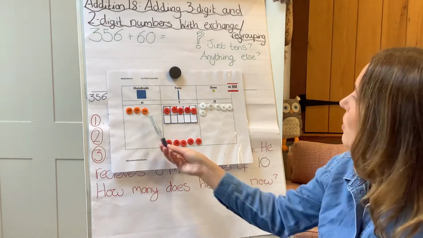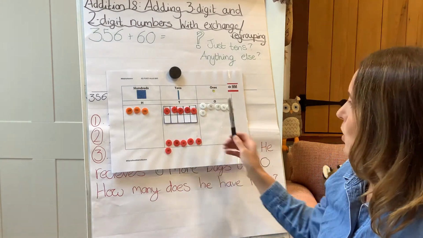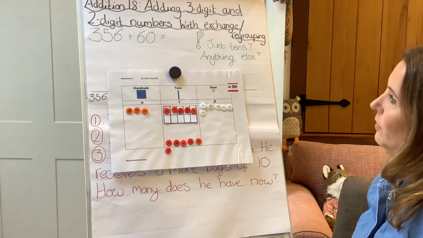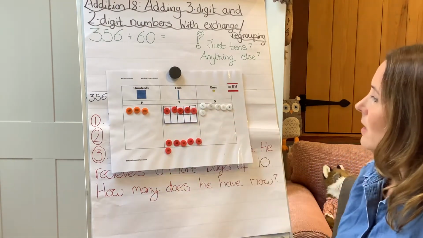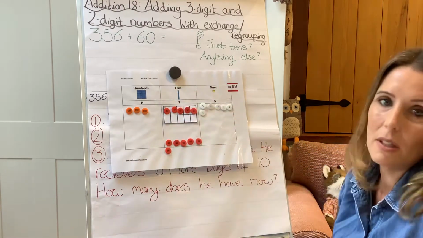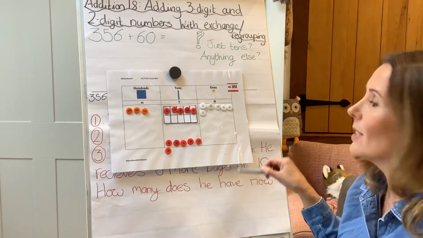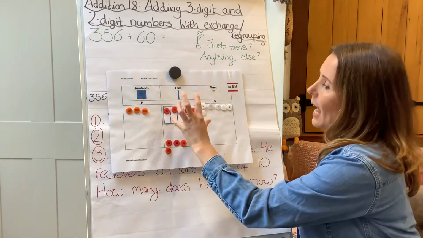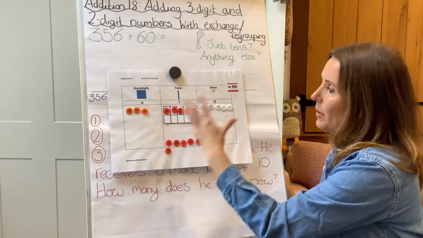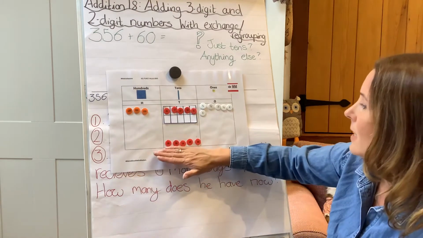So we've got 356, so I've partitioned the numbers into their relevant place value, and I'm adding on 60, so I'm adding on 6 tens. And we can see here, because I've used a tens frame, it's really visual to see that we're going to end up with more than 9 tens in our tens column. We're going to end up with making 10 tens.